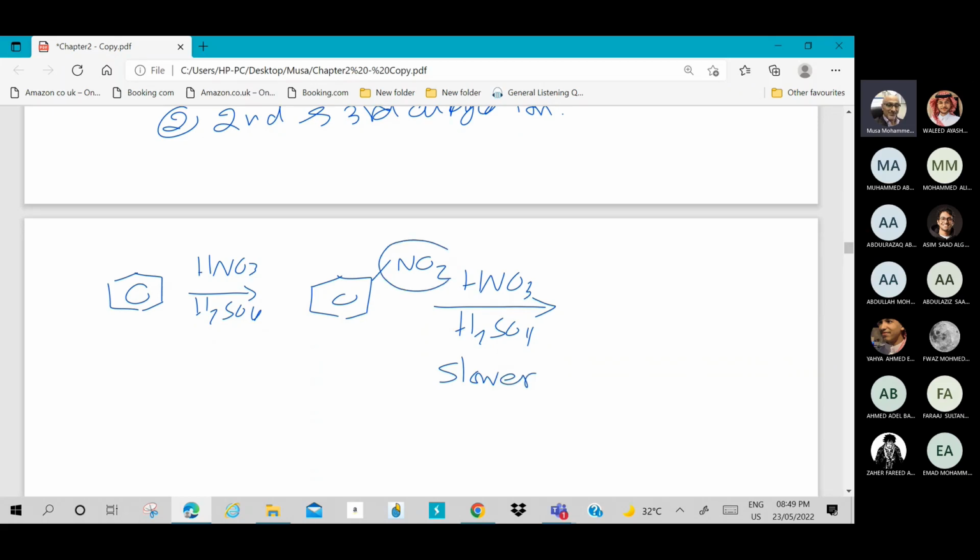Because nitro is electron withdrawing group. It's a deactivator. So adding more deactivators to the ring will make the next reaction slower and slower, unlike Friedel-Crafts alkylation reaction. So I think this point should be clear, and the disadvantages of Friedel-Crafts acylation reaction should be again clear.